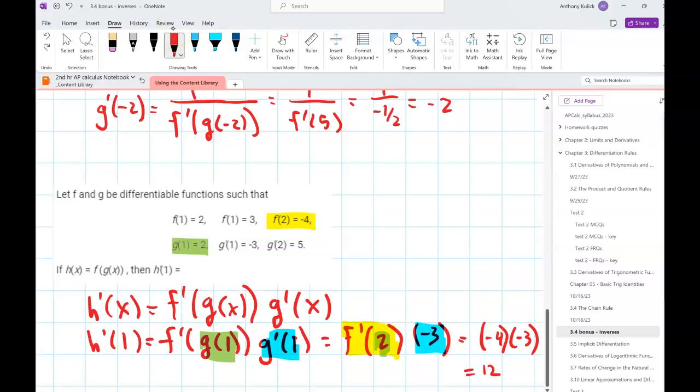You guys feel okay on this? I'm sure when you look at more AP questions, maybe you'll run into one that was trickier than the ones I pulled, but I think they're all fairly similar in that regard. You just have to be a little bit careful with what stuff you need. Elena?